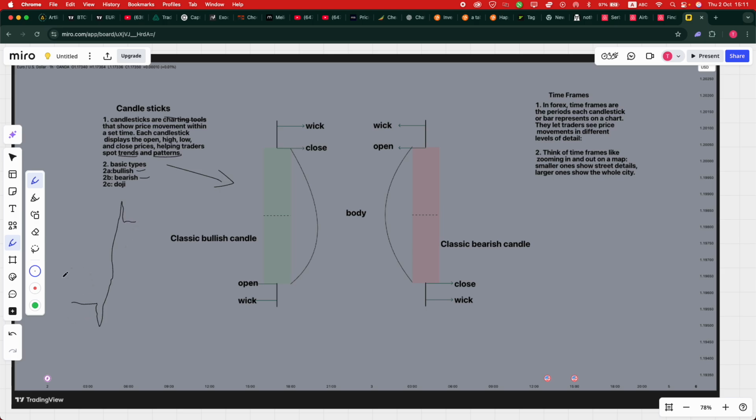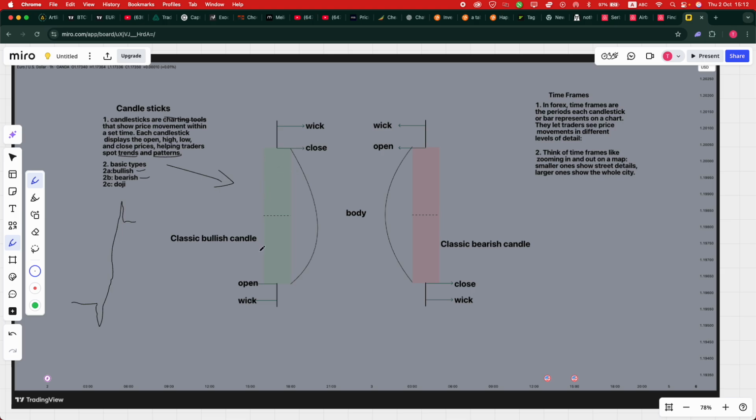Now, this is basically how the candlestick is being created. In a candlestick, we have the open, meaning where did the market open, where did price open at that specific time frame. After it opens, it will either sell down. Since we're talking about a classic bullish candle, it will sell down and then buy up again, and then come down a little bit and close.